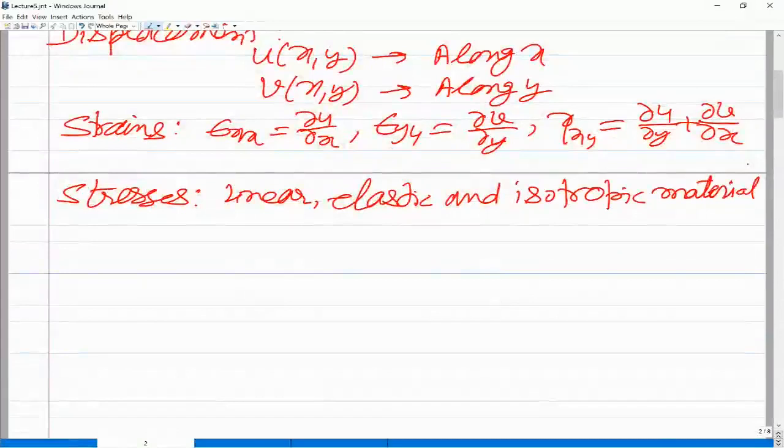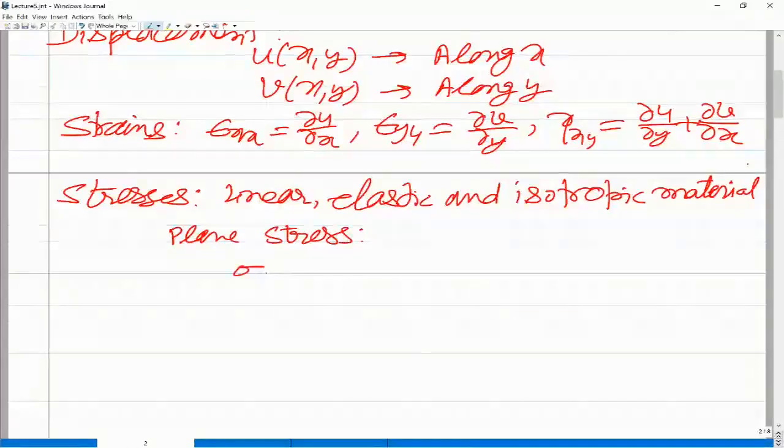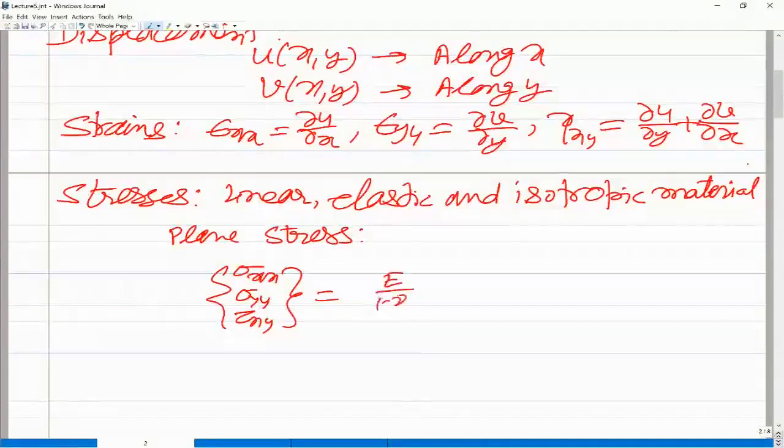Now for the plane stress case, if we express the stresses in the form of a vector, sigma xx, sigma yy, and tau xy, this is equal to a constitutive matrix, which is E upon 1 minus nu square, where E is Young's modulus and nu is Poisson's ratio, as you know.